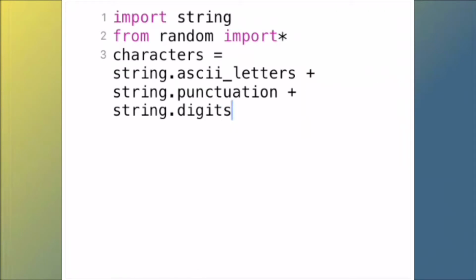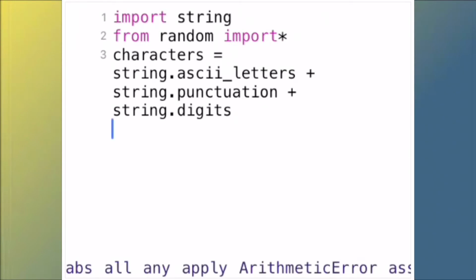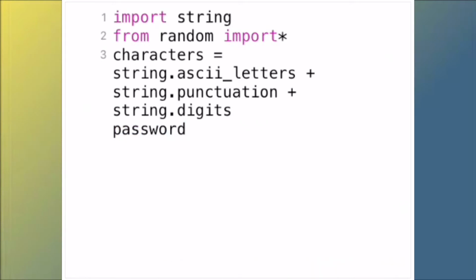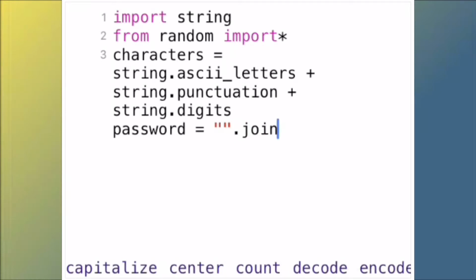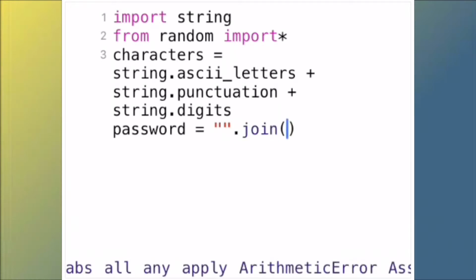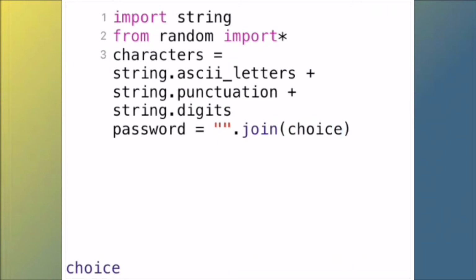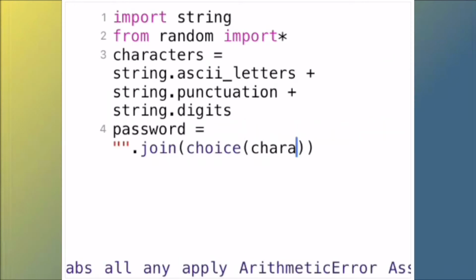Then we're going to the fourth line. Well, it's not exactly the fourth line, but if you know code, then okay, password space equals space, then two little curly brackets like this, no spaces in between that, then dot join, open bracket, it's okay with that, close bracket, choice, another open bracket, characters.